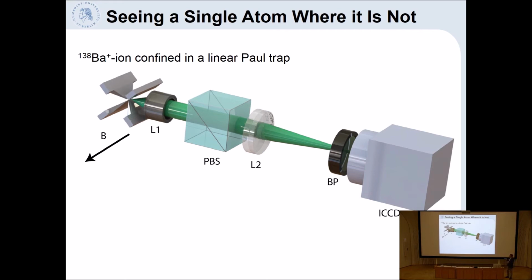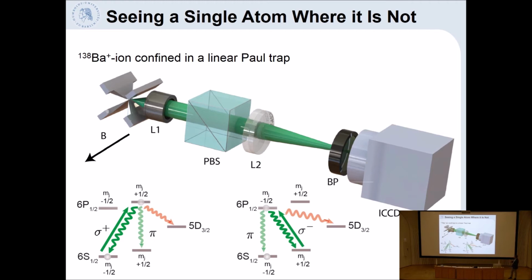And this is necessary because it turns out to be pretty hard to convince a barium ion to emit circularly polarized photons permanently, because the level scheme of a barium ion, or the strong transition that we drive, corresponds to a J equals 1/2 to 1/2 transition.